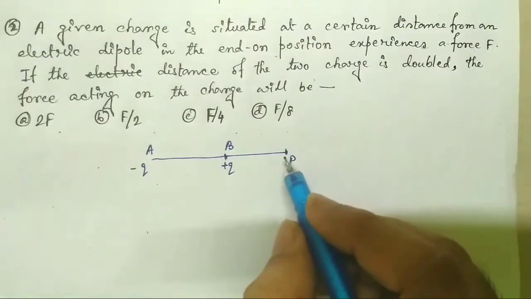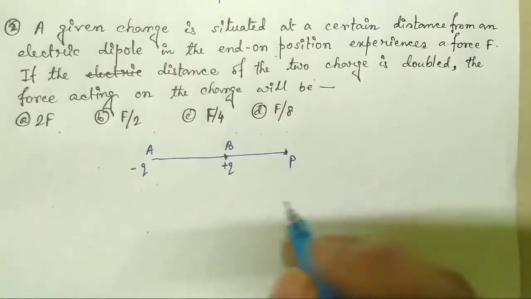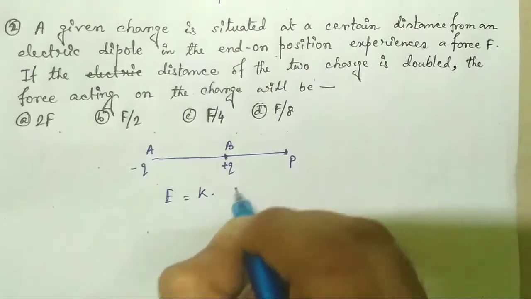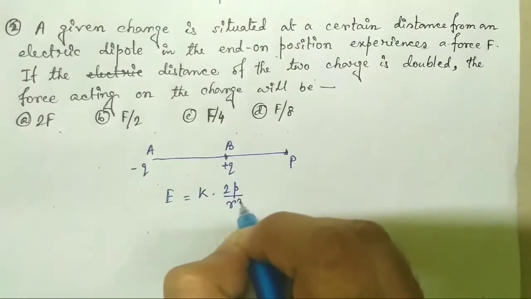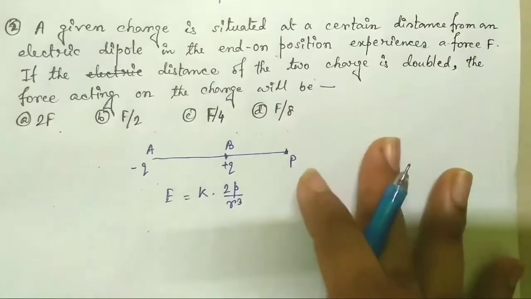The electric field intensity at any point P on the axis is given by E is equal to K into 2P by R cube, where K is equal to 1 by 4 pi epsilon 0.